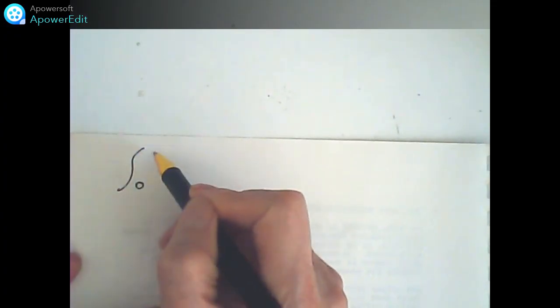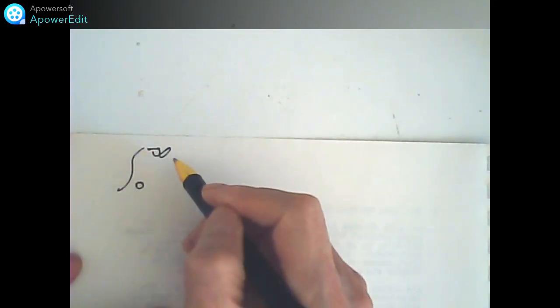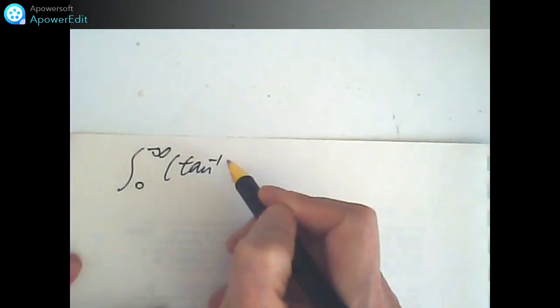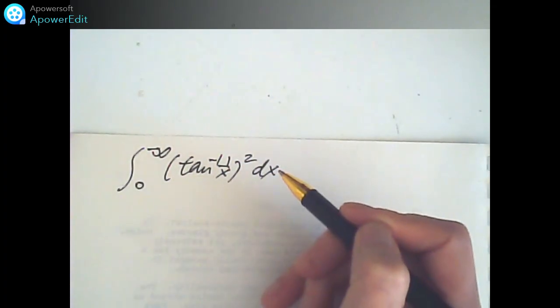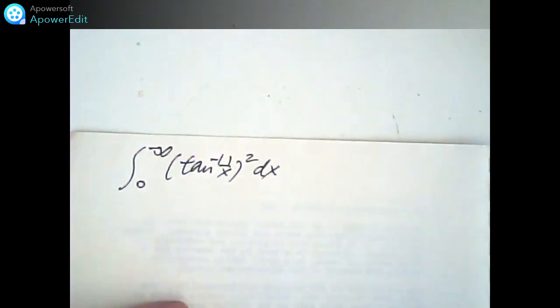Okay. Now, method 3. The integral from 0 to infinity of arctangent of 1 over x squared dx.